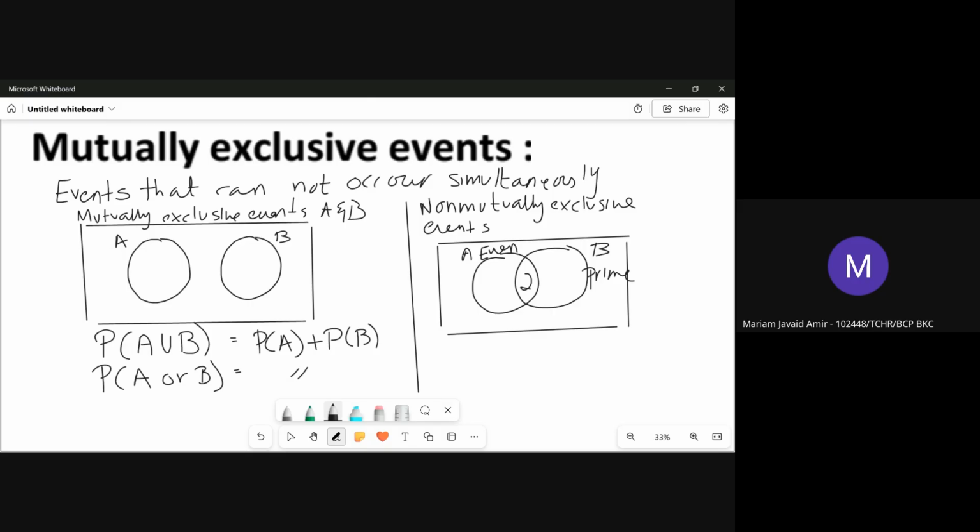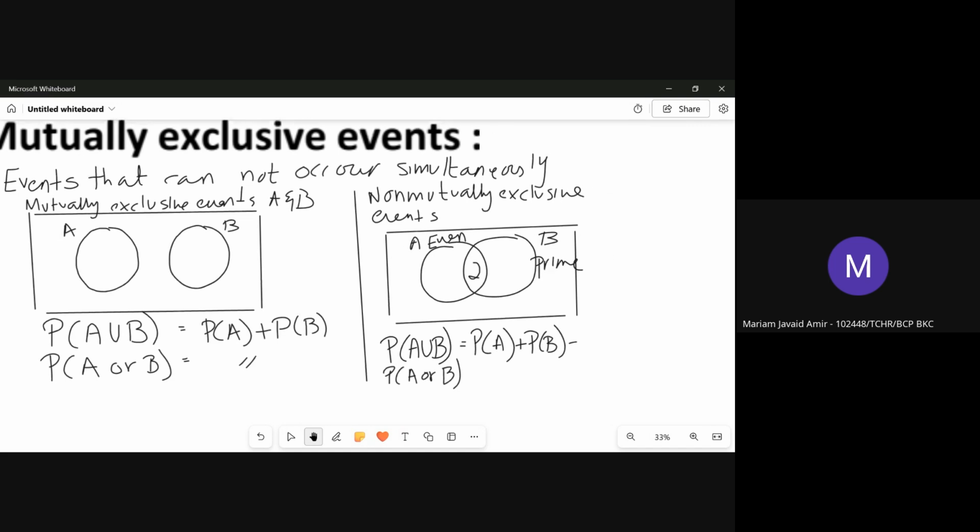Okay. So in this case, the equation is probability A union B, also read as probability A or B, is probability of A plus probability of B minus probability of A intersection B. ये जो intersecting part होता है ना, इसको subtract करना. ठीक है, probability of A plus probability of B, but overlapping part की probability subtract करनी होती है.